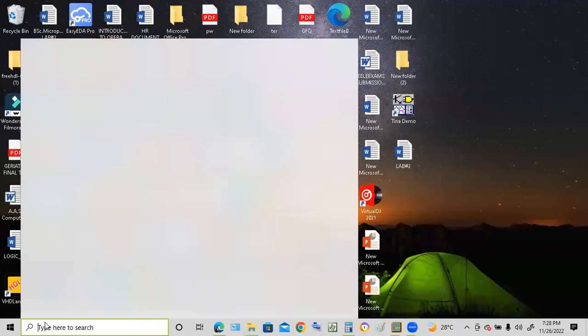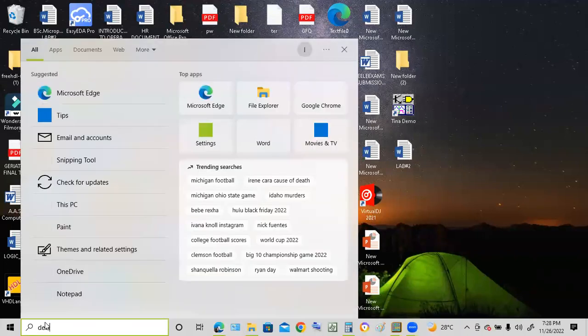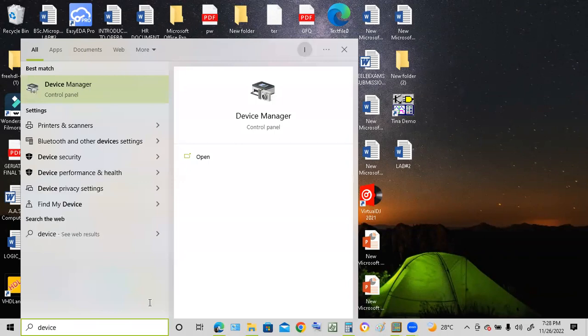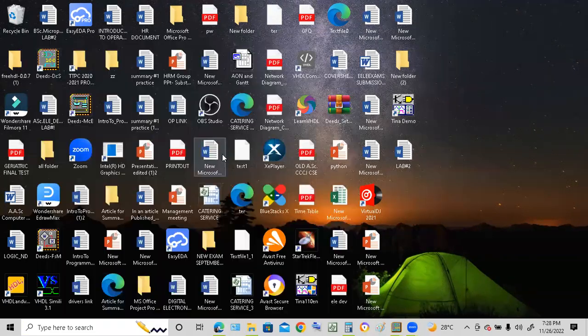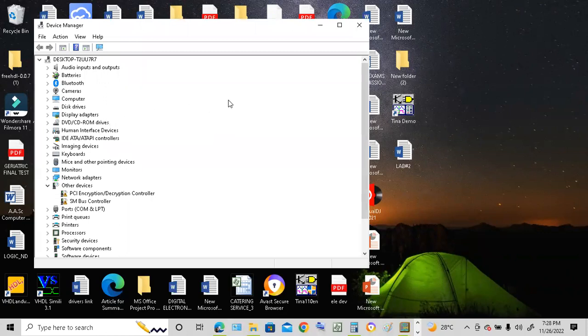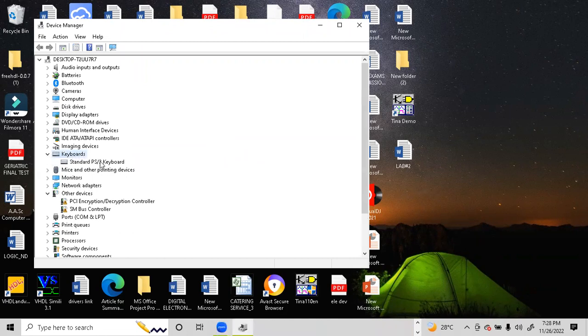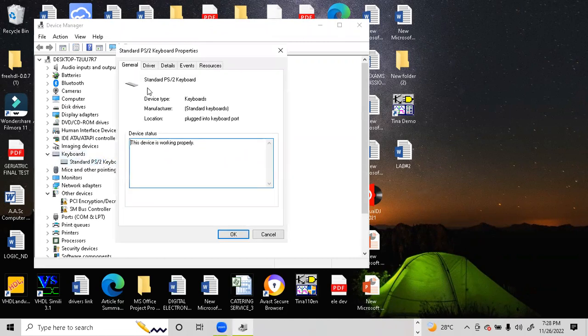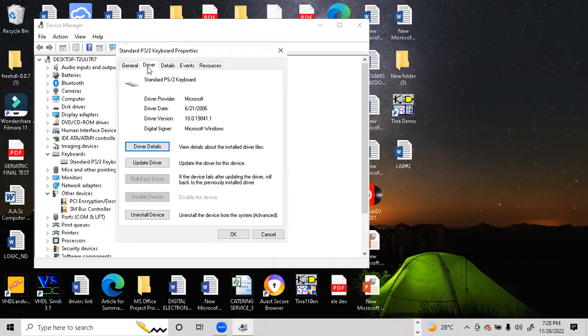All right. So it is Device Manager. Let me open Device Manager and see what is on this one. Let me open something and see, the keyboard and the mouse, the driver.